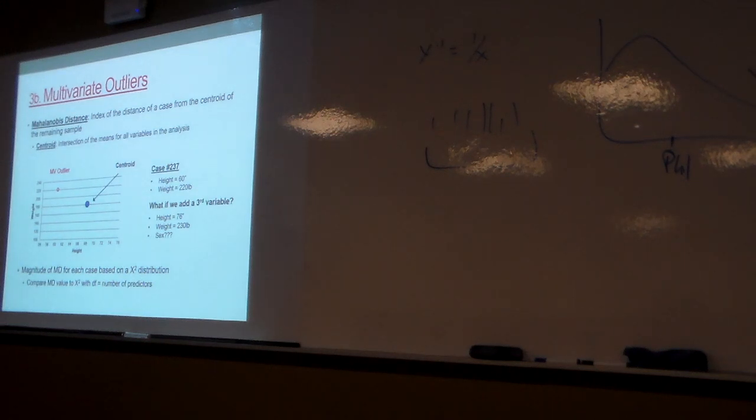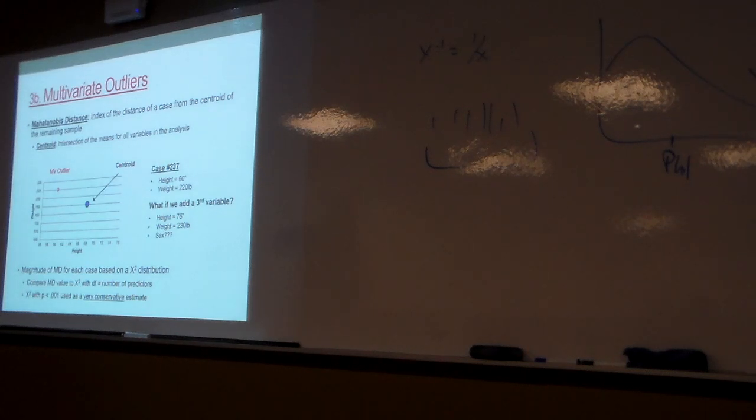Mahalanobis distance has a distribution based on the chi-square distribution, with degrees of freedom equal to the number of predictors. So what I can do is take the Mahalanobis distance that I've obtained and compare it to a critical value with degrees of freedom equal to the number of predictors, to get a sense of how extreme this is given what we've got in our data.